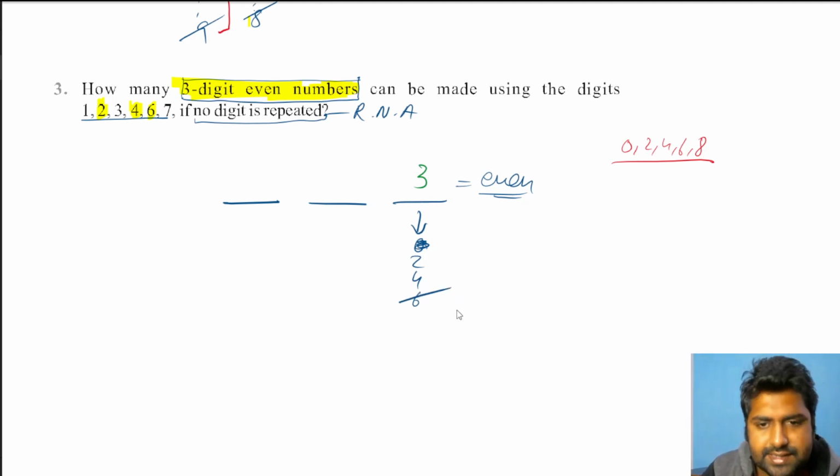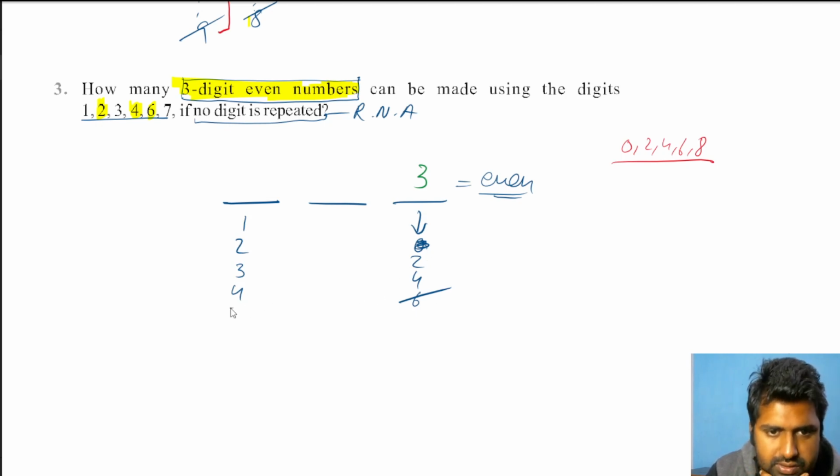So now let's say 6 was used, and now come back to the first digit. Start with the normal question only now, like we solve from the first digit itself. The reason I solved the last digit first is to make sure the number was even. Now that it is even, I'll start with the first digit. Since 6 was used, 1 can be used, 2 can be used, 3 can be used, 4 can be used, 6 is already used, so 7.